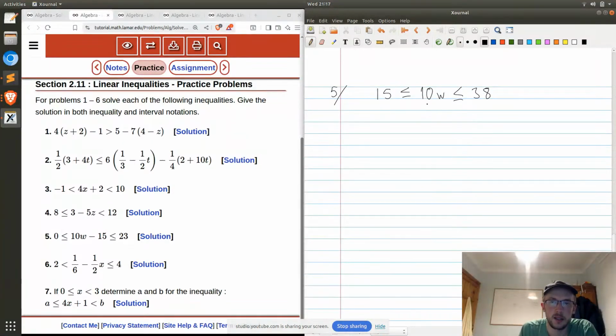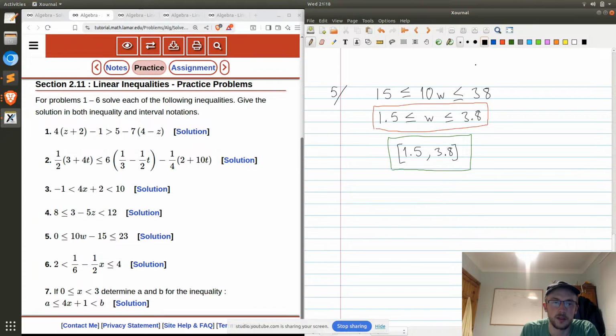Then I would divide the left and the middle and the right by 10 to get 1.5 on the left, W in the middle, and 3.8 on the right, which is all fine and well for interval notation. And what about set notation? Well, just write 1.5, comma, 3.8, square brackets on both sides, and you're good.